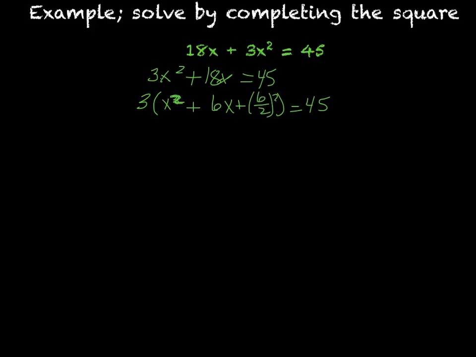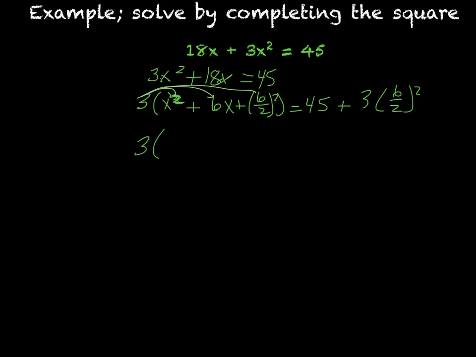Now if I add to one side, I've got to add it to the other side. But I am not just adding the 6 over 2 quantity squared. I'm actually adding 3 times 6 over 2 quantity squared, because that 3 is times everything. So make sure you put the 3 on the outside. And then I write as my completed square.